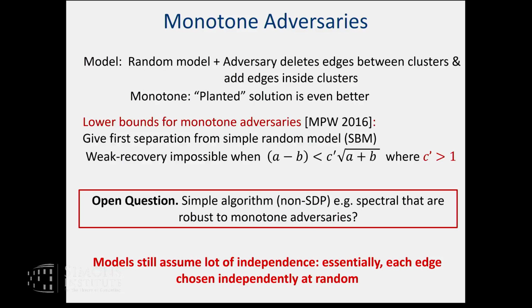If you look at the kind of proofs involved, they use strong properties about the spectrum of the graph. Essentially, each of these edges is chosen independently at random. And you can't have triangles that go between different clusters or dense subgraphs that go between different clusters. You'd like your average case models to be general enough to capture these kinds of settings.